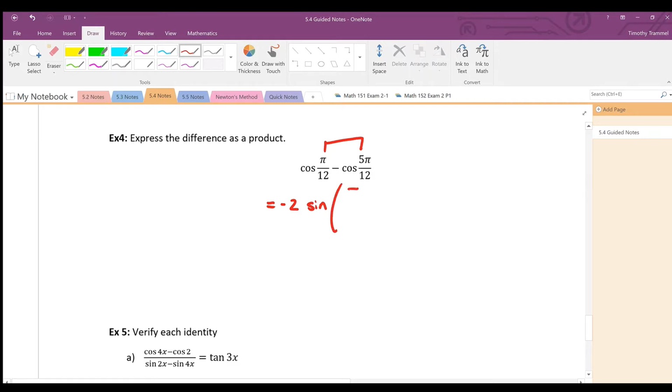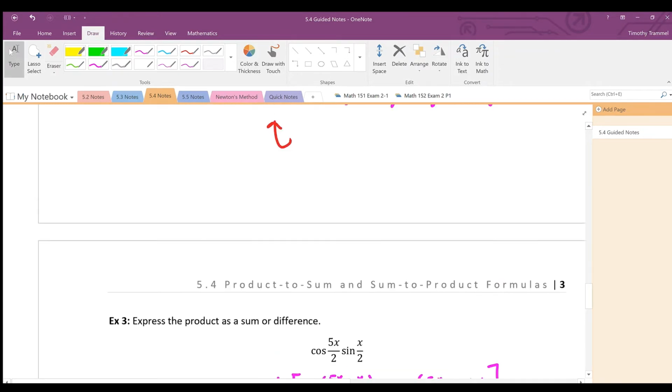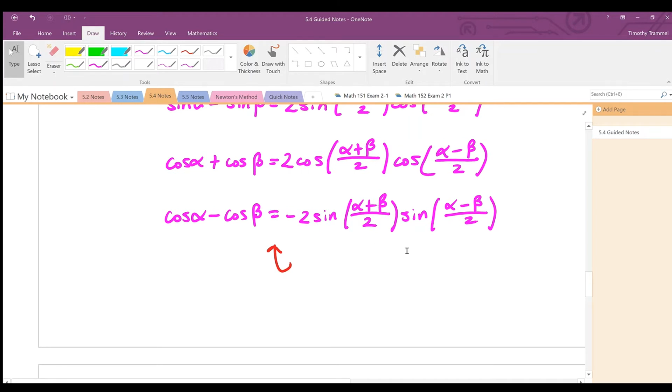So that's pi over 12 plus 5 pi over 12, and then this is all over 2. And then we have not plus, but times something else. Let's see what that something else was. And then it was sine of the difference of the two angles. And notice it should be the first angle minus the second, alpha minus beta.